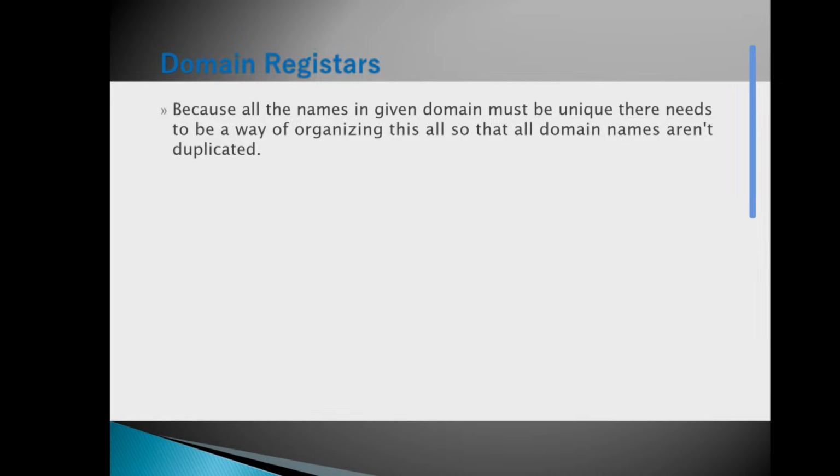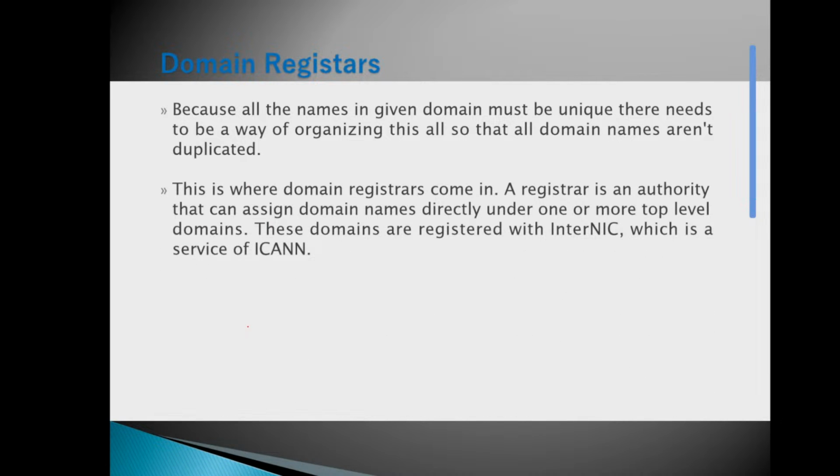It's not like that today if you are entering google.com it will open some different page. It should redirect to a specific server only. This is where domain registrars come in picture.